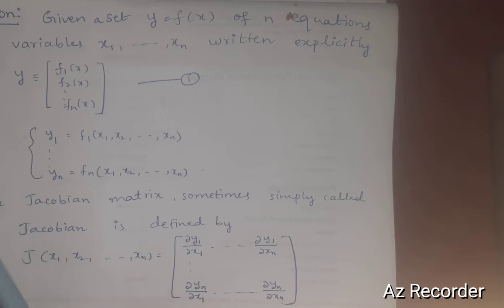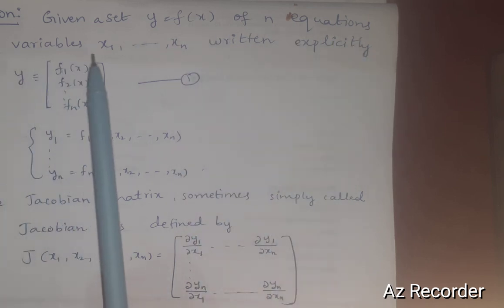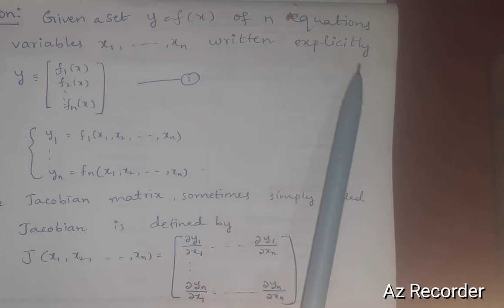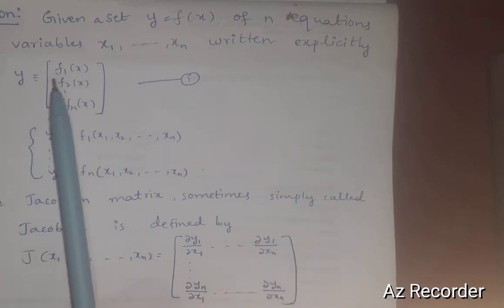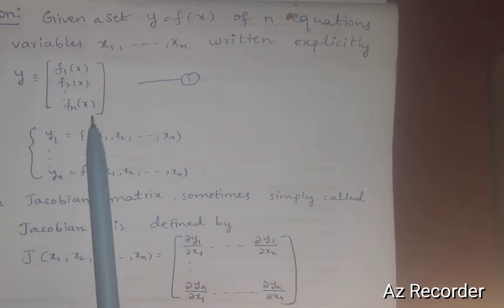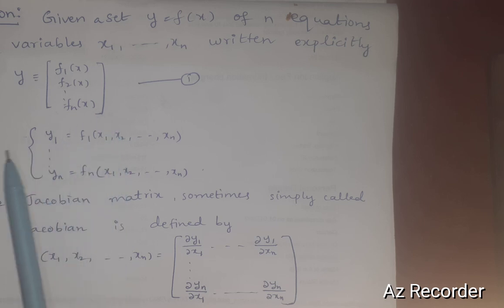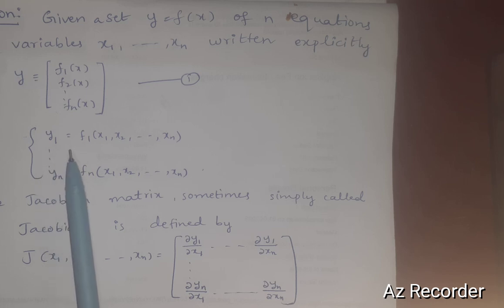So the solution. What will be the Jacobian? Given a set y equal to f of x of n equations in n variables x1 to xn, written explicitly as y equal to f1 of x, f2 of x, and so on fn of x, or more explicitly, y1 is equal to f1 of x1, x2 and so on xn, and so on, yn is equal to fn of x1, x2 and so on xn.